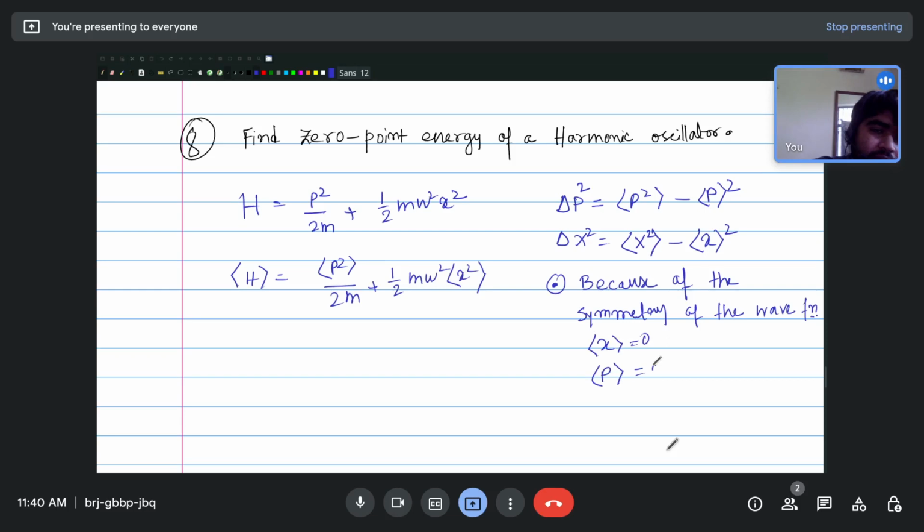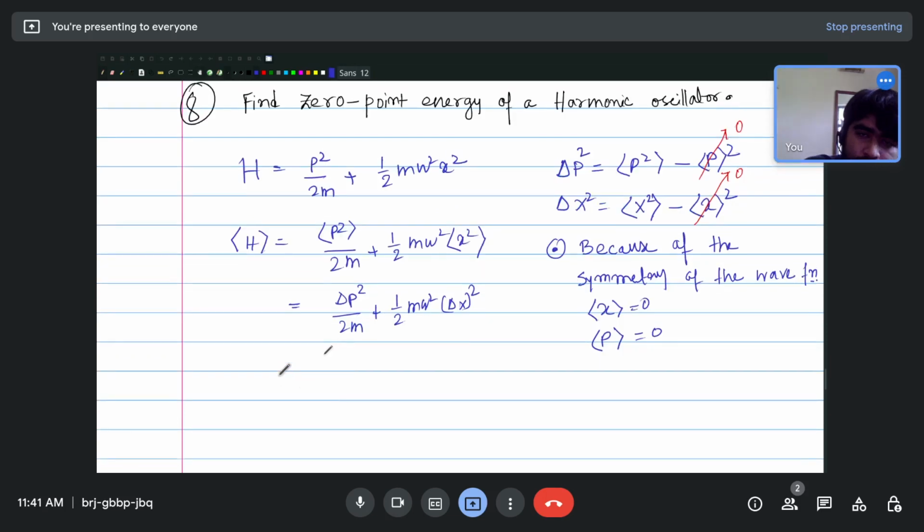Okay, so these quantities are 0, and we are only left with the p square average and x square average. So you can clearly see, instead of p square average, I can directly write delta p square by 2m plus half m omega square delta x square.